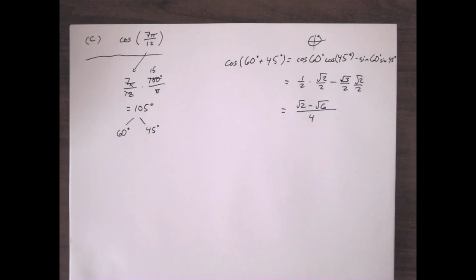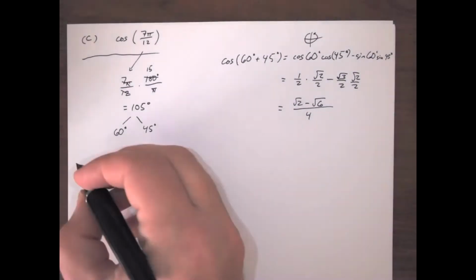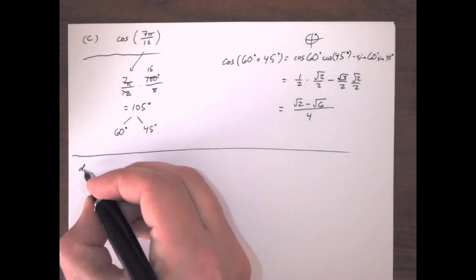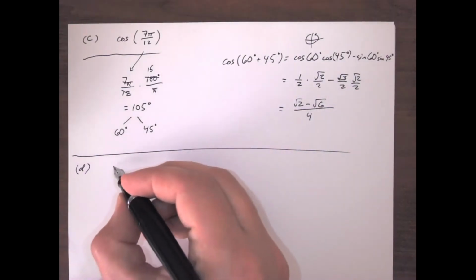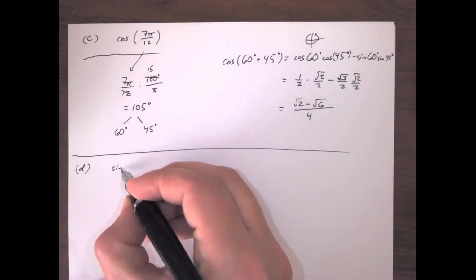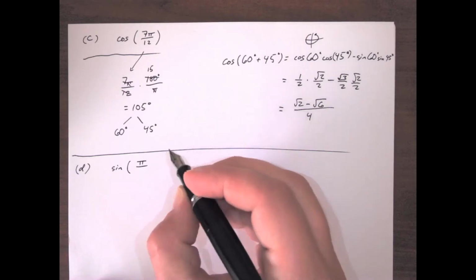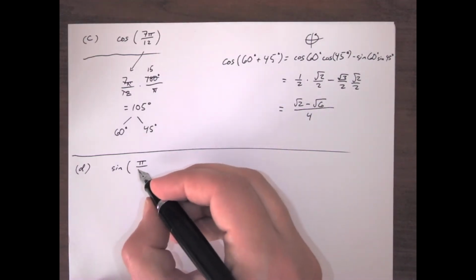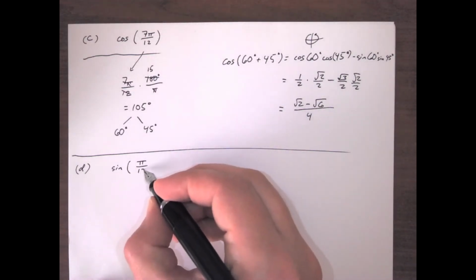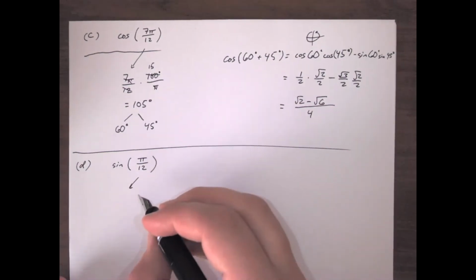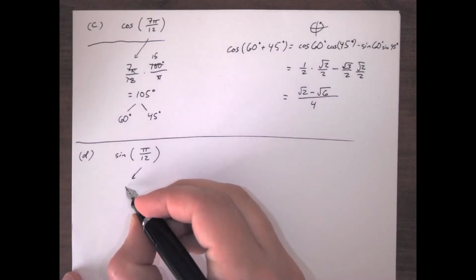All right, and now let's try one that's going to require us to use one of the difference formulas. So let's say D. Let's say we want sine of pi over 12. So once again, it's easiest if I just think of this as degrees.